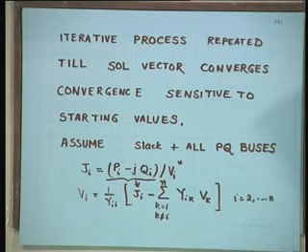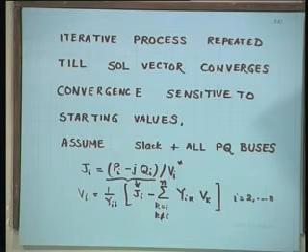If you are not an intelligent person and you start the values of voltages as 0 plus J0, perhaps you may not converge, you will diverge, because you do not know your system, you do not have common sense to understand that voltages 0 means it is a very bad system.